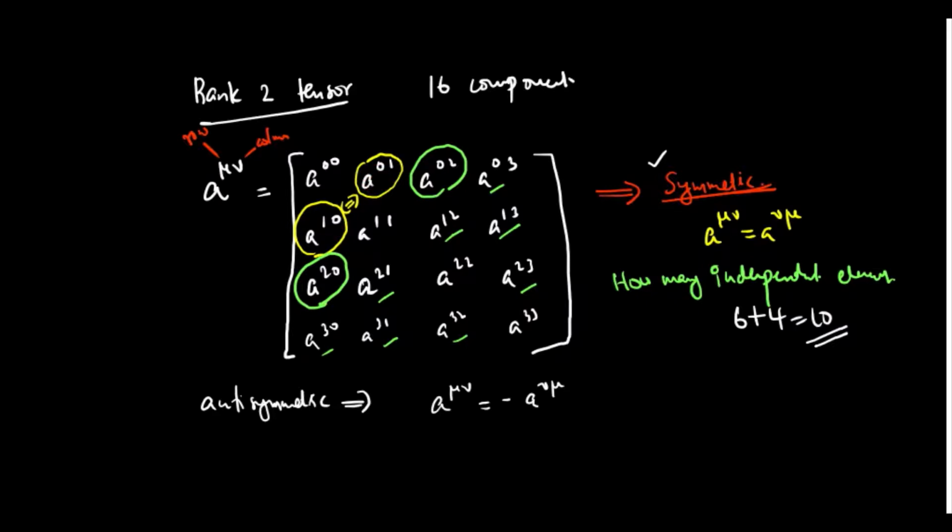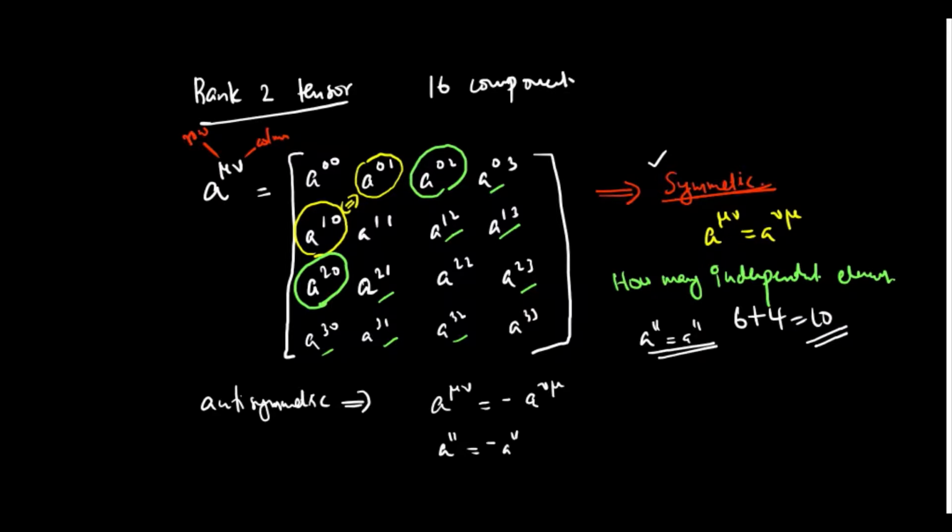The additional thing in antisymmetry is what happens to the diagonal elements. The antisymmetric condition A mu nu equal to minus A nu mu means that for a diagonal element, A11 is equal to minus A11, whereas in the symmetric case A11 was just equal to A11.